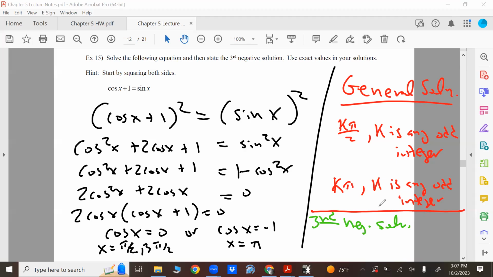This one, I ended up with pi over 2 plus 2 pi k and pi plus 1. It's 2 cosine x. Where? Wait.